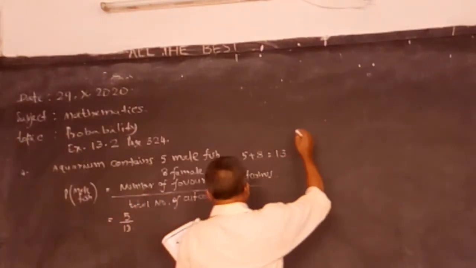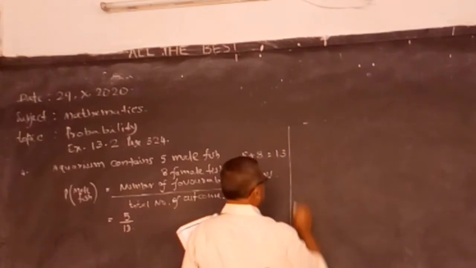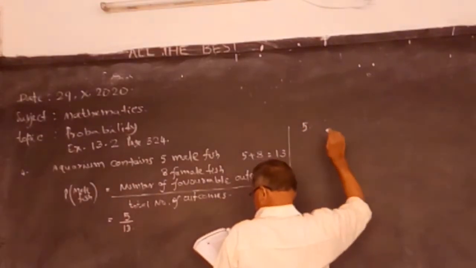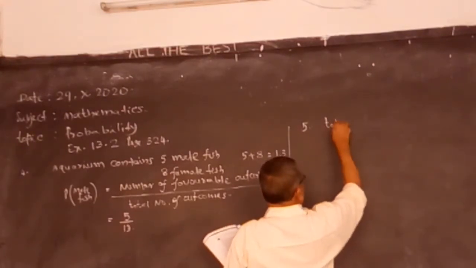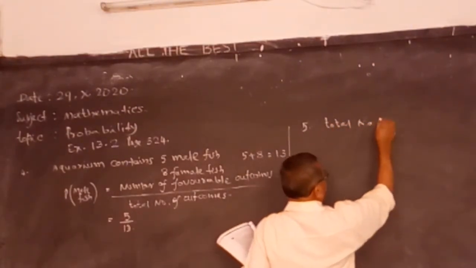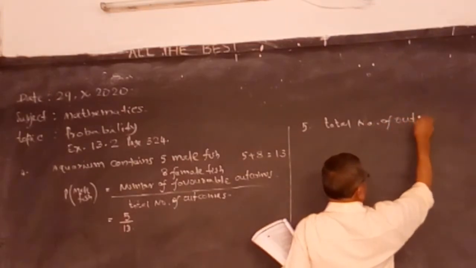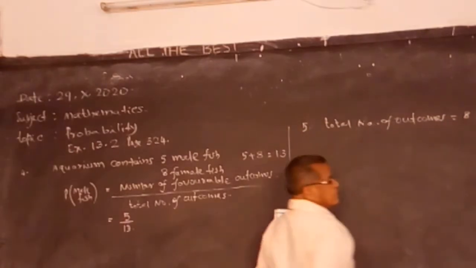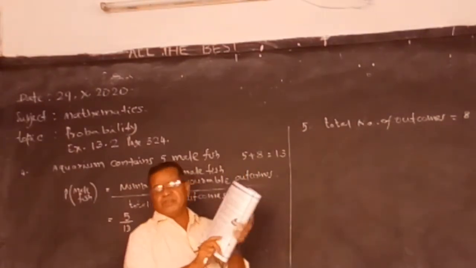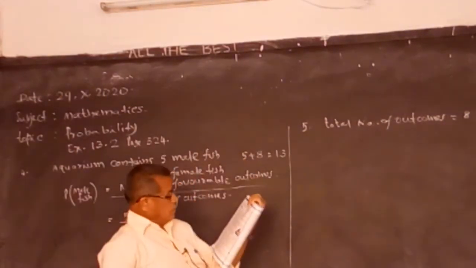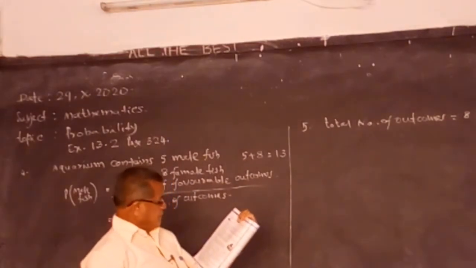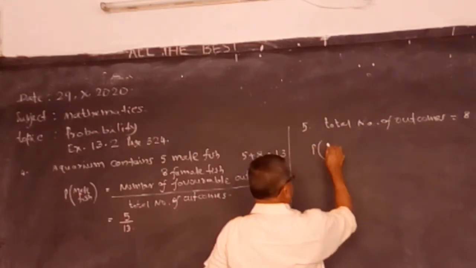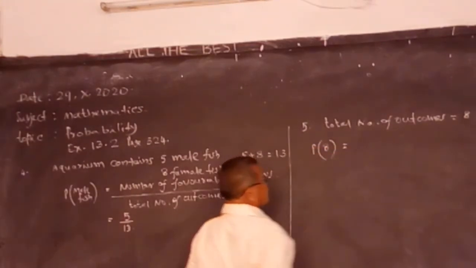Total number of outcomes is 8, given on the wheel. Asking the probability of getting 8.